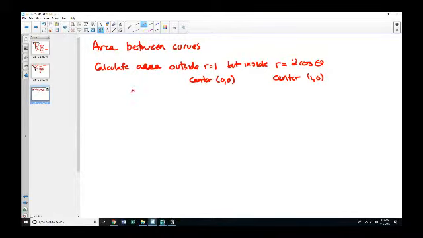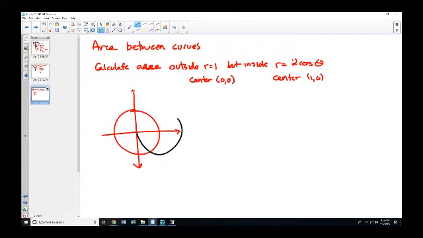So here's what we're looking at. That's r equals 1. Cosine theta.